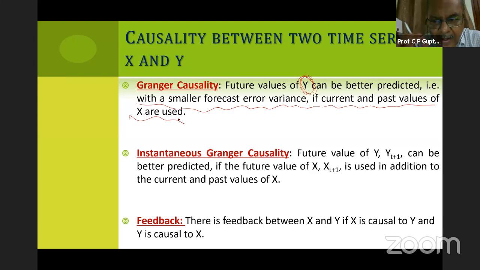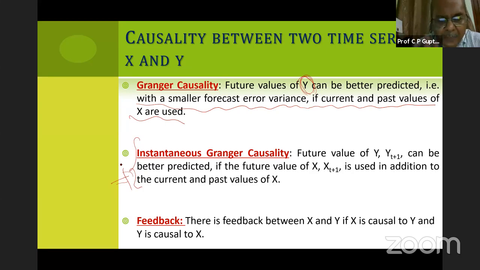Future values of Y, that is Y at t plus 1, can be better predicted if the future value of X at t plus 1 is used in addition to current and past values of X. But this is difficult to establish because we do not have the future value of X with us. So it is not possible for us to have a proper estimation of instantaneous Granger causality.